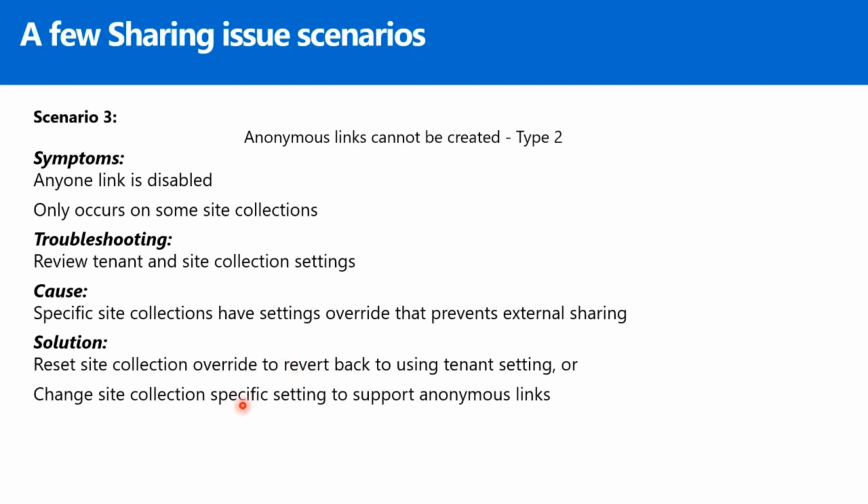And we might figure that for those site collections that were impacted, their settings override the tenant settings, and they maybe were preventing external sharing. So there are two solutions: either reset the site collection setting to inherit from tenant settings, or else just change the site collection setting so that it allows anonymous links.